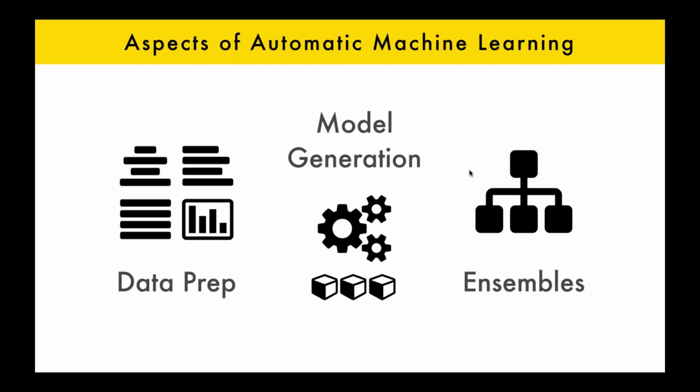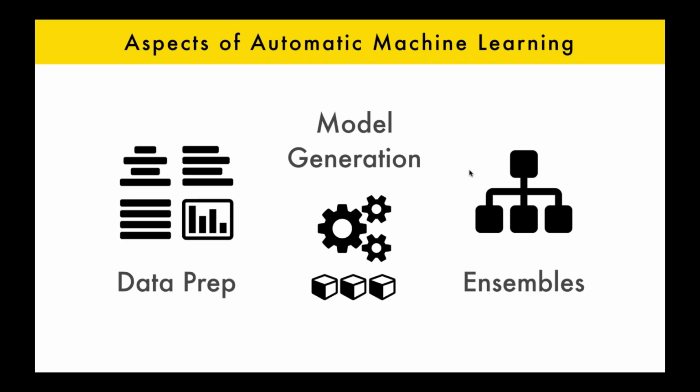All right, so what is automatic machine learning? You can divide up AutoML into three main pieces. One aspect of this is data preparation. A lot of the times you have to do some work to get your data into a format which is understandable by machine learning algorithms. In order for the algorithms to use the data, there's often a few things that you might need to do.